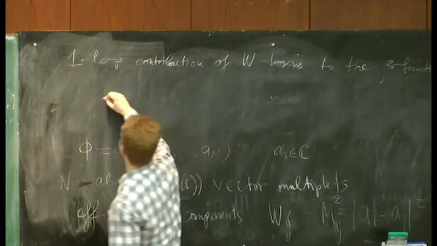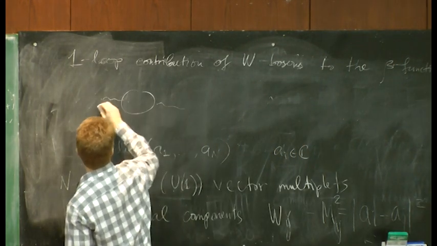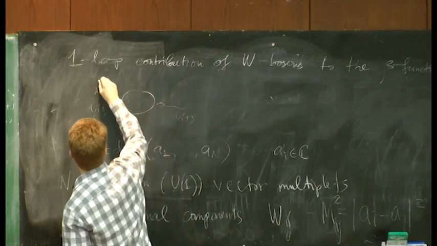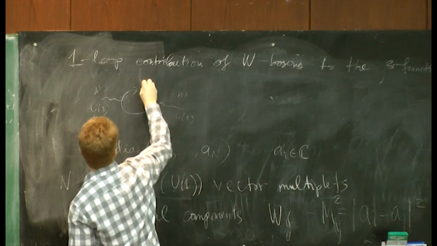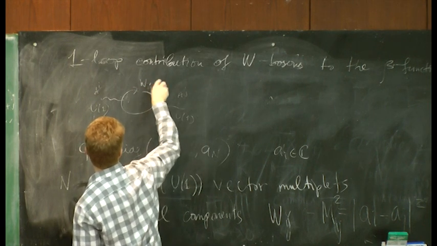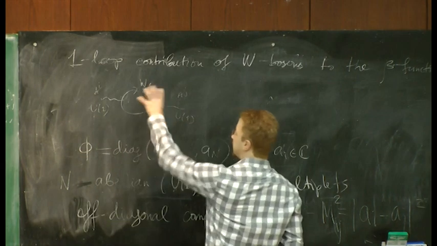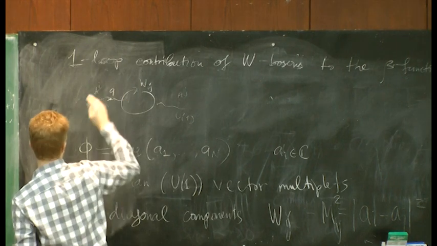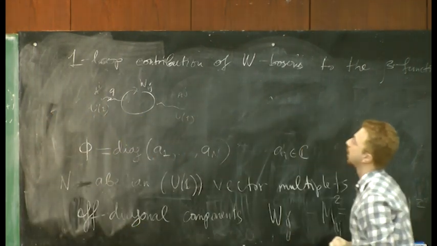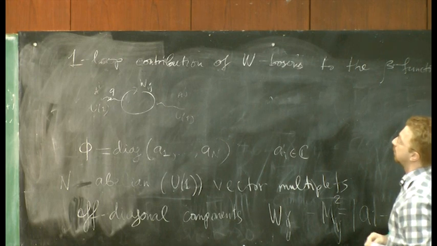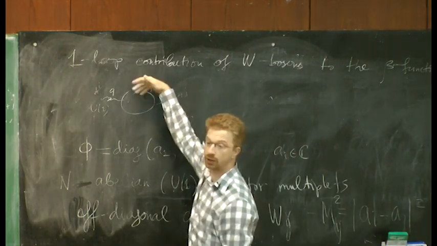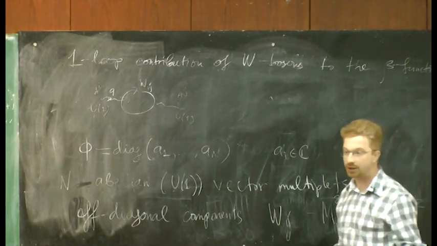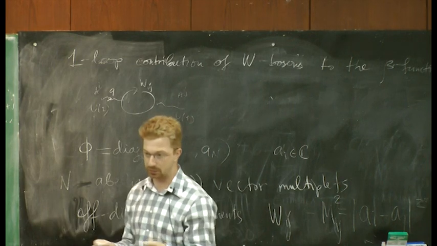Now, when you compute this, these are the U(1) photons, A_I, A_J, and this is the W boson, which is the IJ component. Since it's a massive field, if the external momentum Q is much larger than the mass of the particle in the loop, you get the usual logarithmic running of the effective coupling with the momentum.